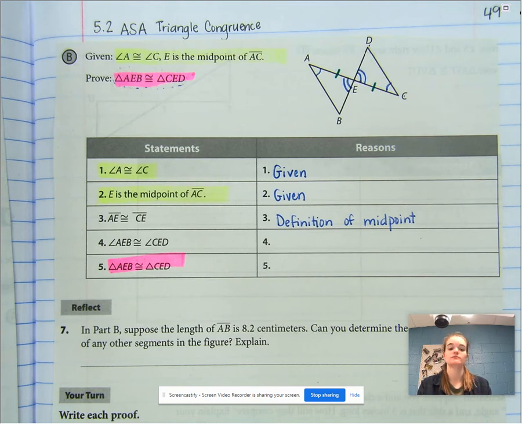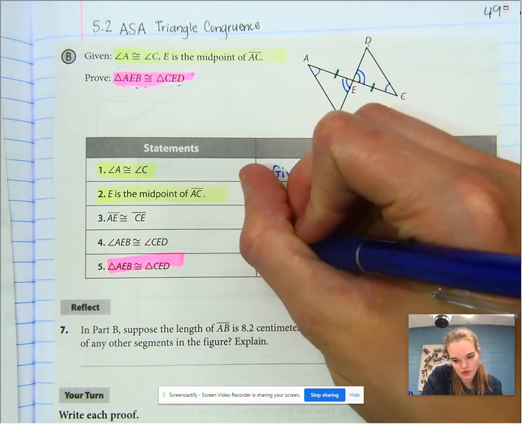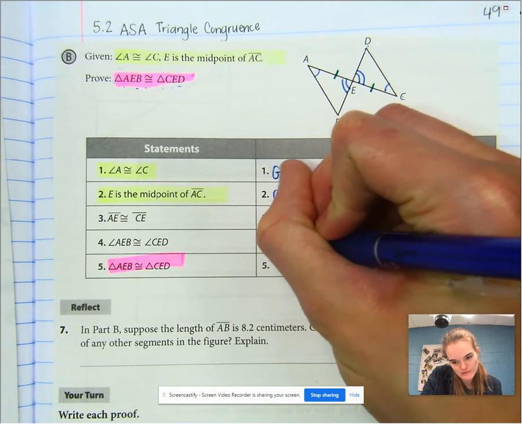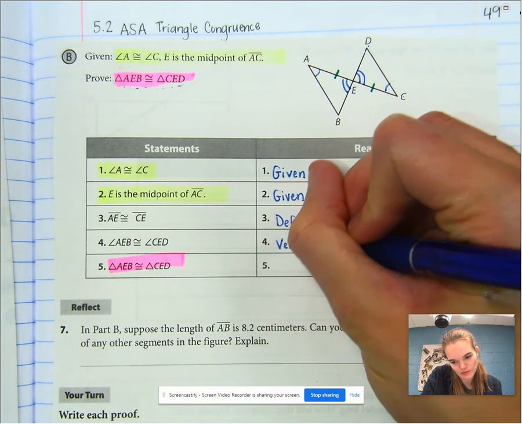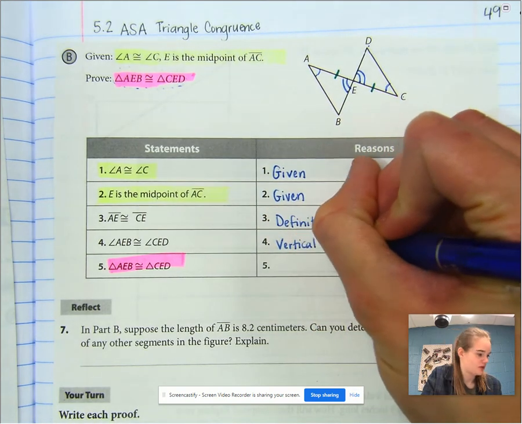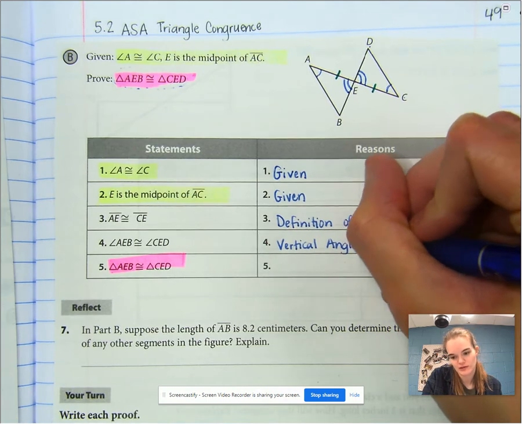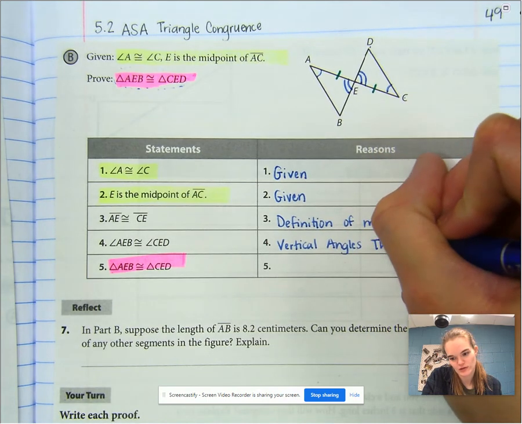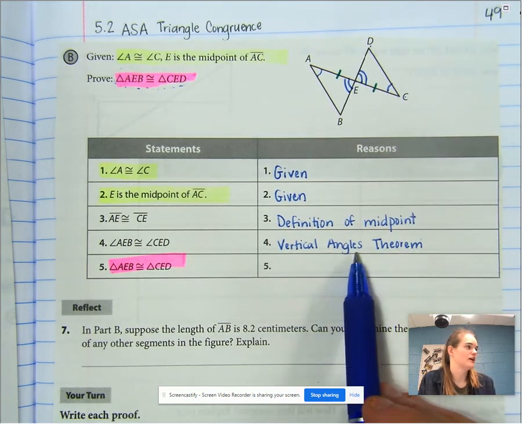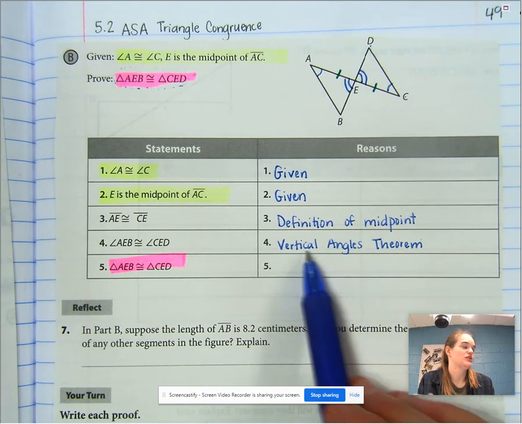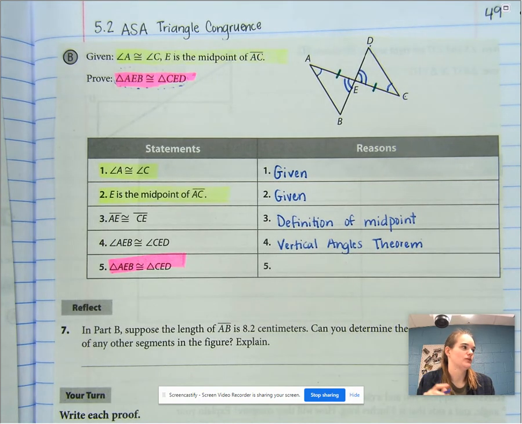Did you figure it out? AEB is congruent to CED because they are vertical angles. And that's the vertical angles theorem that says, hey, these are congruent because they are vertical angles. Sometimes you'll just see vertical angles. You might even see, I doubt it, but definition of vertical angles theorem.